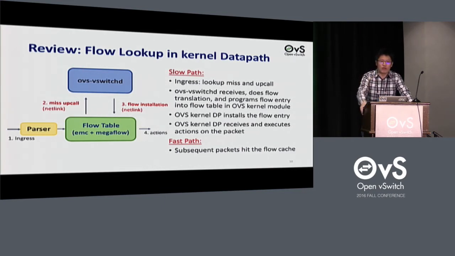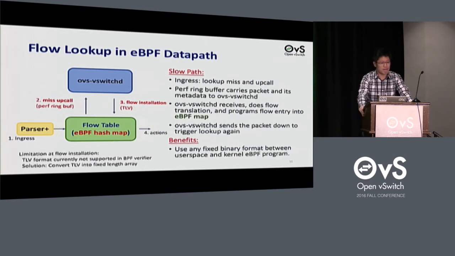It will look at all the OpenFlow tables, and in the end, it will install a flow entry into the flow table. This is also through the netlink interface. Then the subsequent packets will hit the flow table and execute the actions. So this is a fast path.